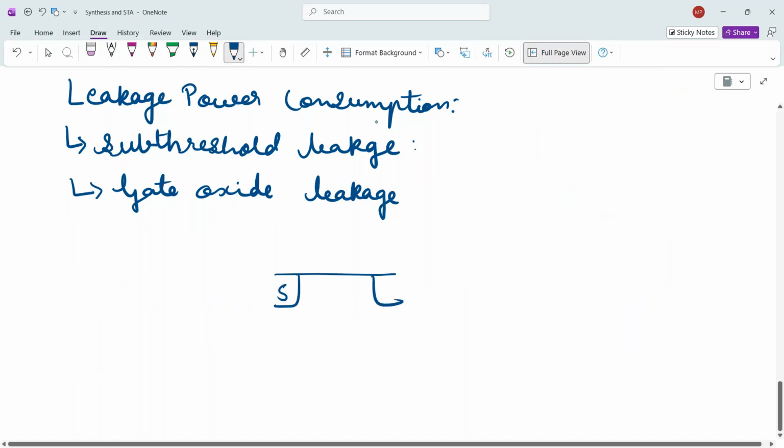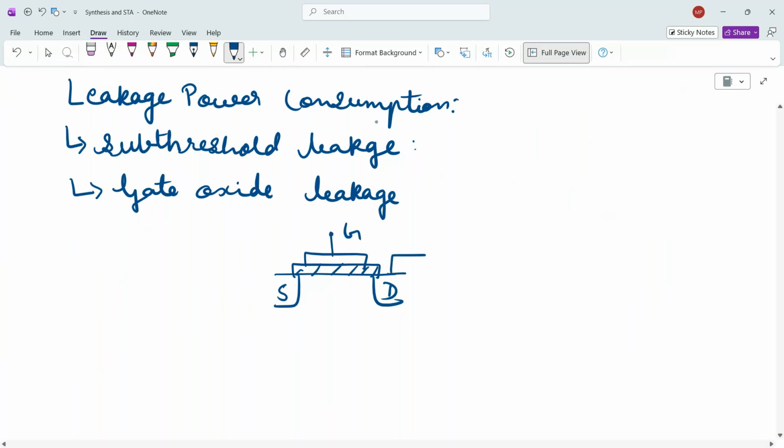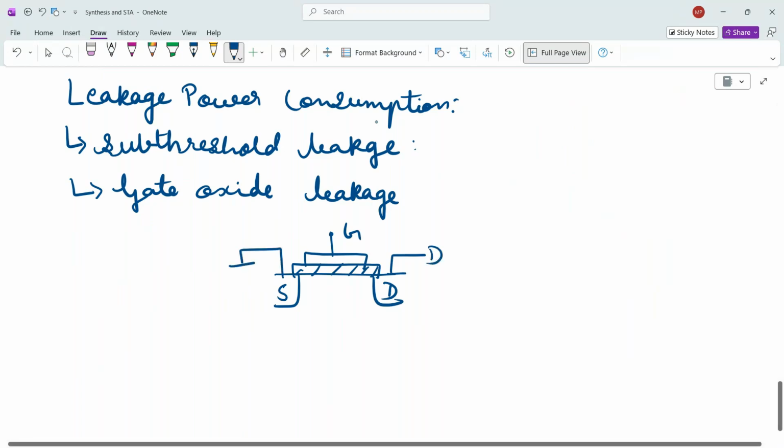This is better. Source, drain, polysilicon and side SiO2. This is gate. This is drain. This is source. Correct. Now, what is happening?